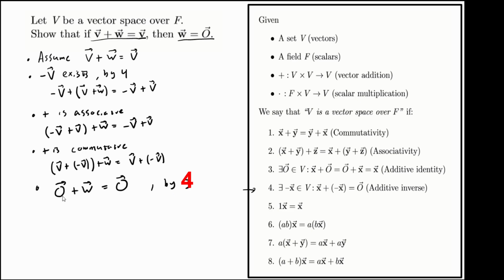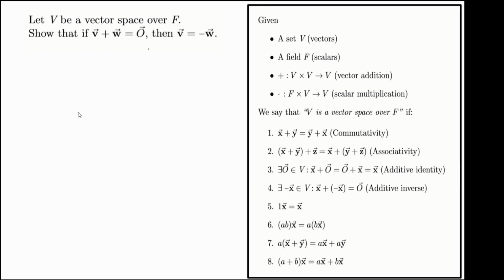And now let me just use the definition of the zero vector because I have the zero vector plus W, and this gives me W equals the zero vector. So this lets me conclude that if V plus W is equal to V, then W is equal to the zero vector.